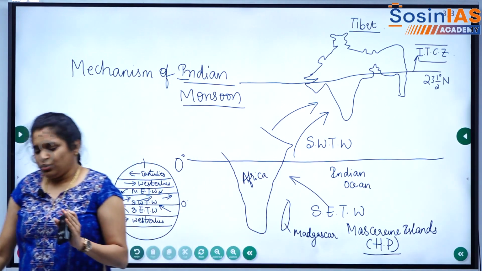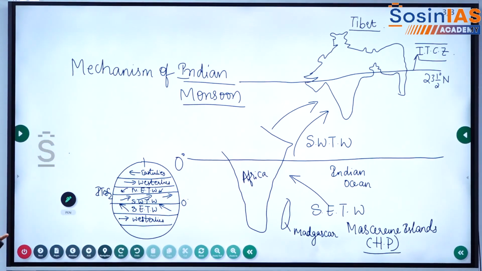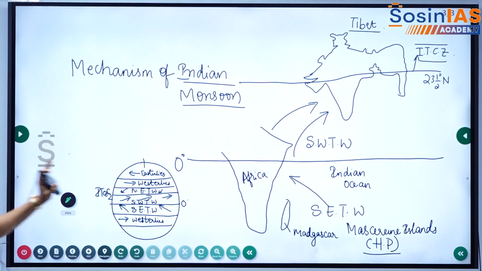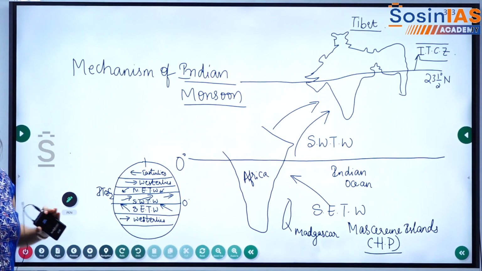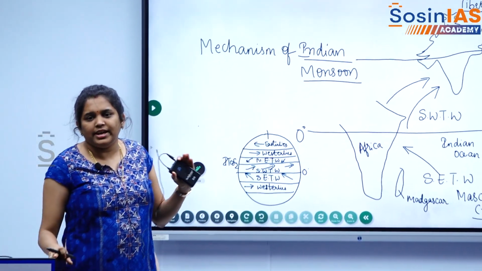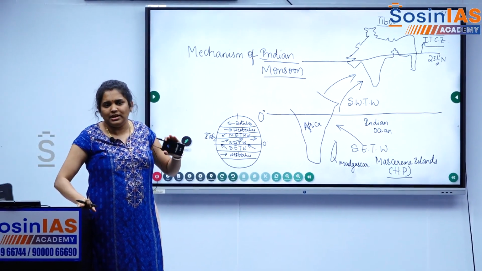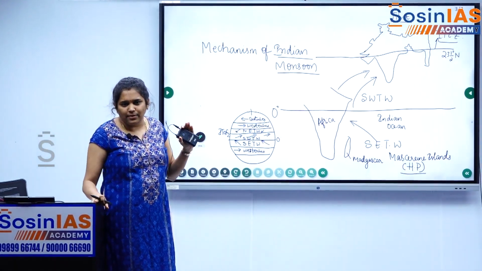Okay, do not imagine ITCZ being present only in 23.5 degrees. It will be like a belt, isn't it? So 5 degree above and 5 degree below, it will be like a belt. So the thing here is that Indian monsoon can be explained with the help of the high pressure and low pressure belts on the either side of the equator.